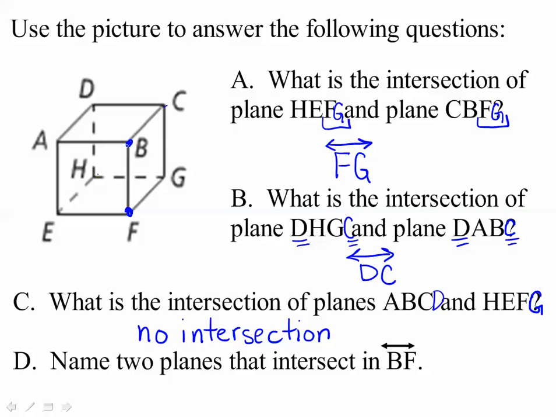So if I'm looking at this picture, the front of the box has BF. B, F, E, and A. If I want, I can pick just three of those letters, but it is okay to name a plane with more than three. So if I want, I can even say plane BFEA.